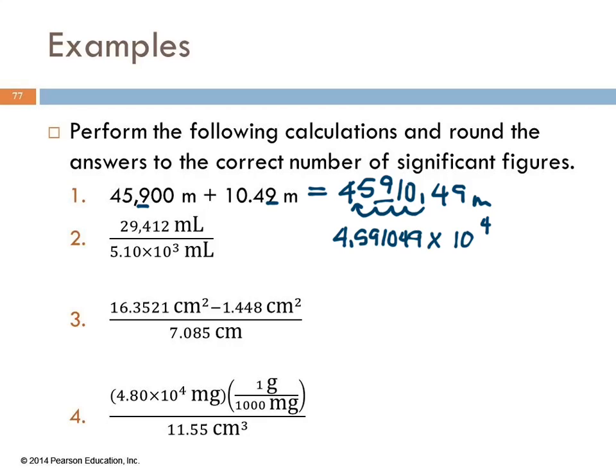If it's a little number, a little paycheck, you have negative feelings and it's a negative exponent. So there's the number in scientific notation. We know we need to stop at the 9. Now we can chop digits off without changing the value of the number. So this is 4.59 times 10 to the 4th meters.